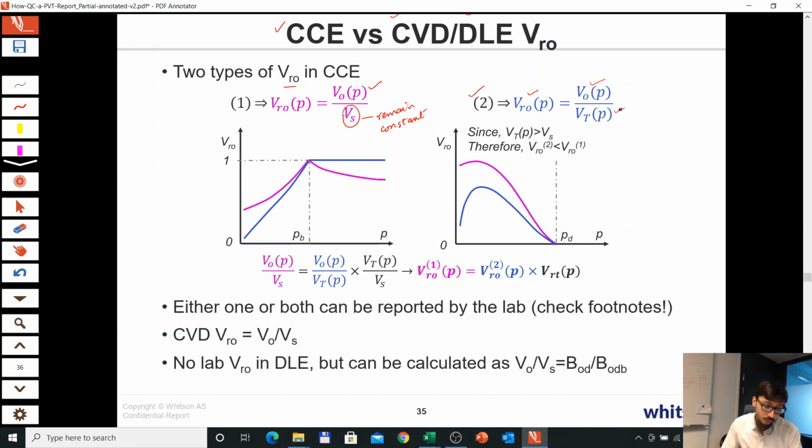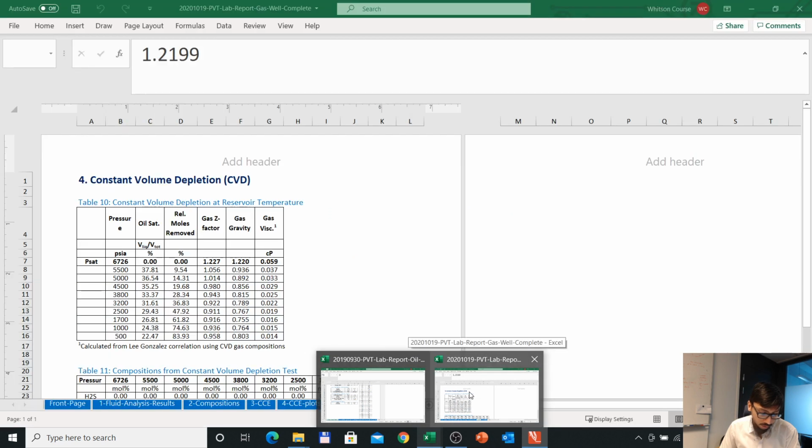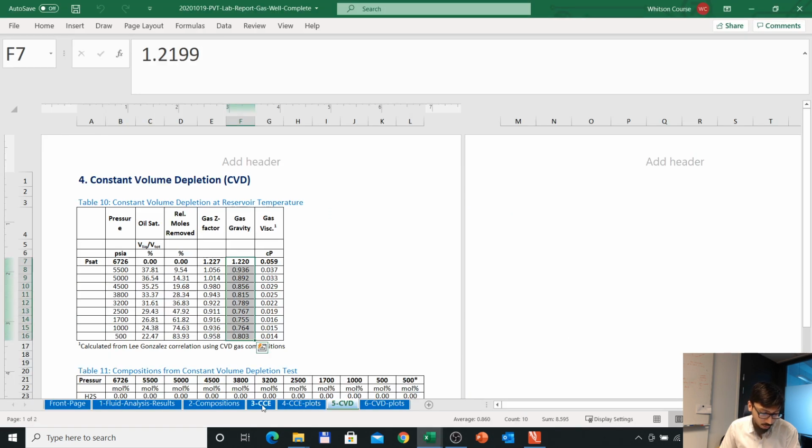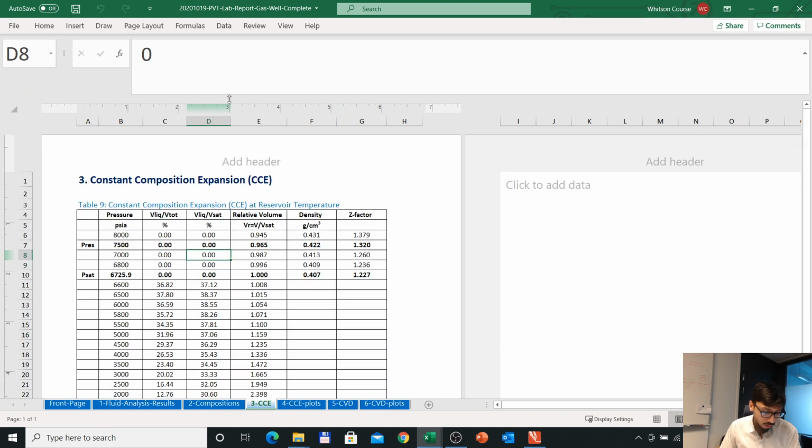Okay, so if we just quickly look at the reports that we have, we have two reports, the gas report and the oil report. If you go to the CCE experiment and look at the oil volumes, we have these two relative oil volumes reported: V liquid over V total and V liquid over V saturated volume.